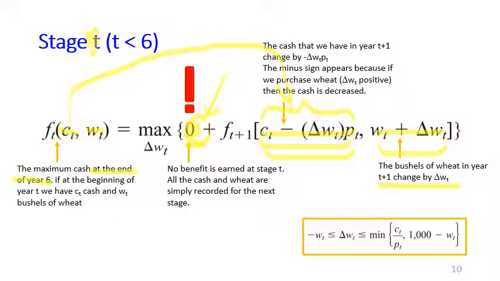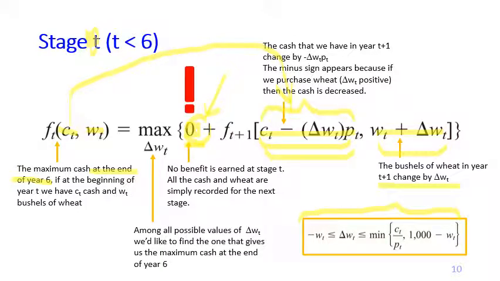Okay, and then keep in mind that the allowable WT is here in this orange box, and among all possible values of delta WT, we would like to find the one that maximizes the cash at the end of year 6.